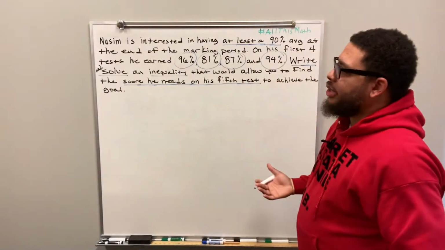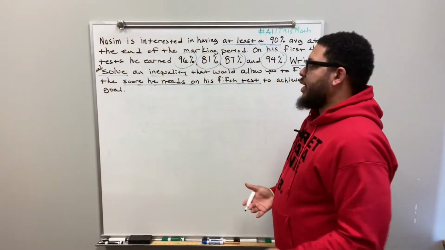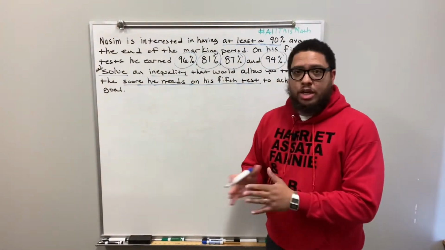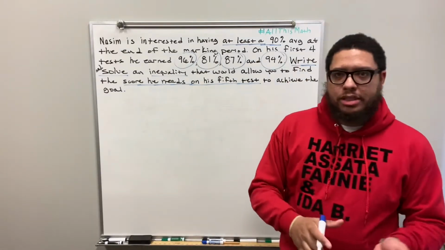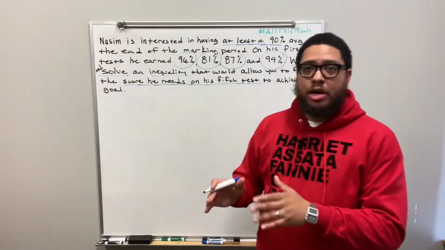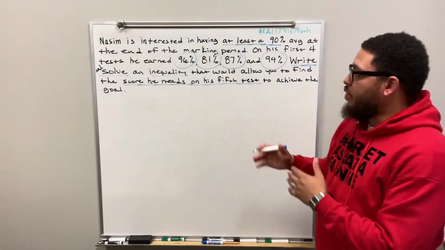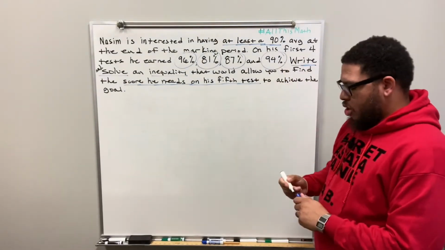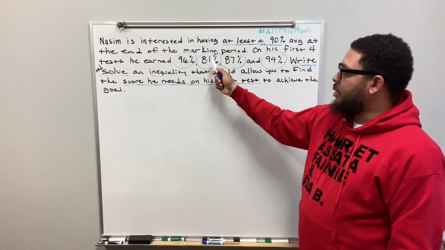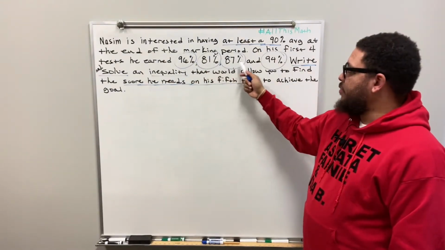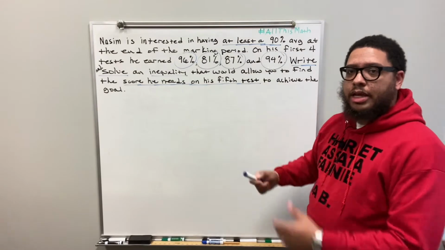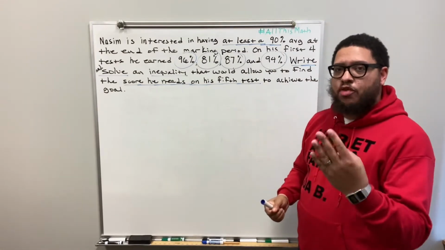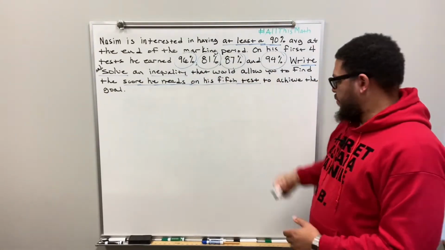So if he wanted to know, for example, what his average is right now, and everything is weighted equally, we would take 96 plus 81 plus 87 plus 94, and then divide that by 4, because there are 4 different tests, right?